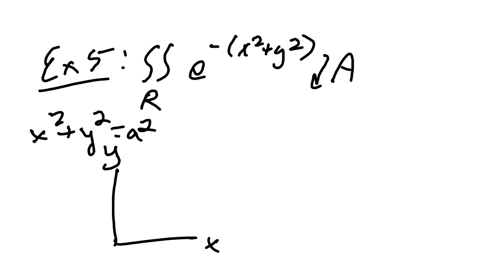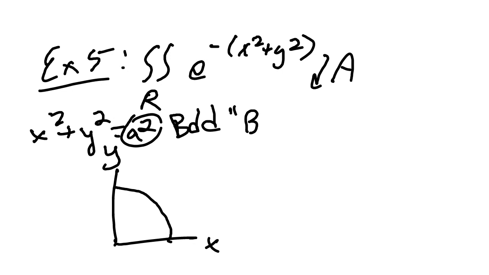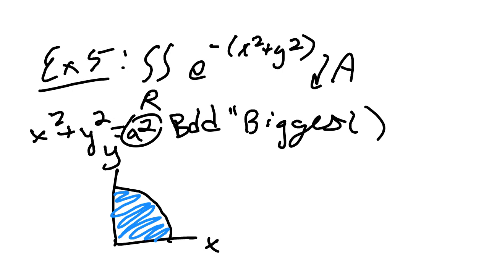Here's x, here's y, here's a circle, right? And so the biggest circle is, this is bounded. So this is the biggest one, right? We're in quadrant 1 here, bounded by the circle. And I'm completely inside of here. So x equals a, out a, up a, left a, down a, that's the circle, right?